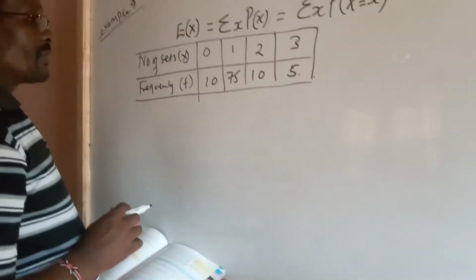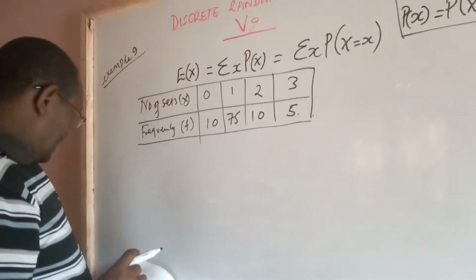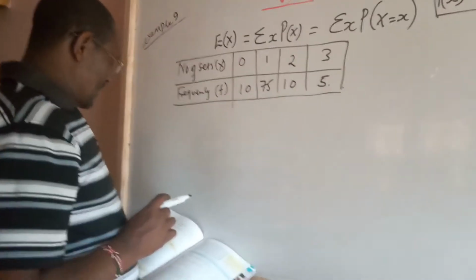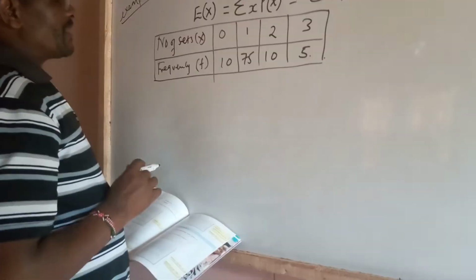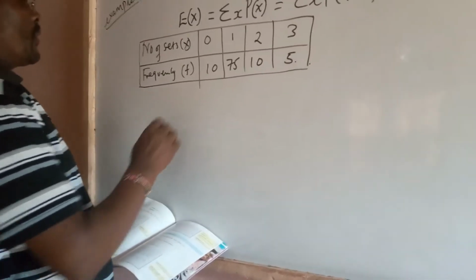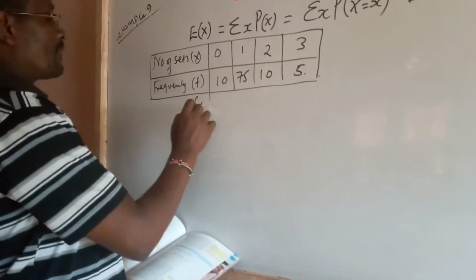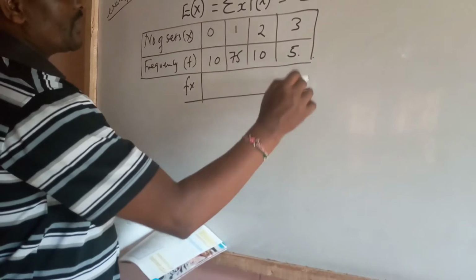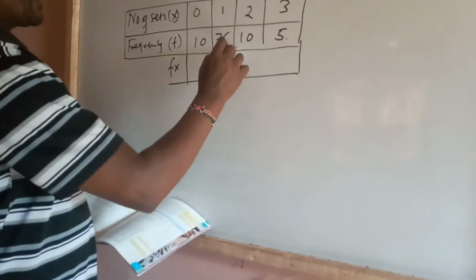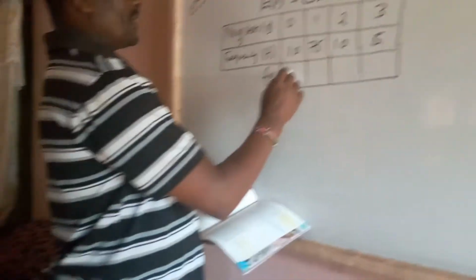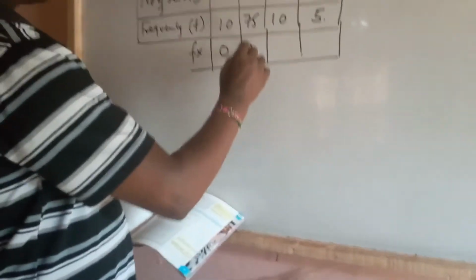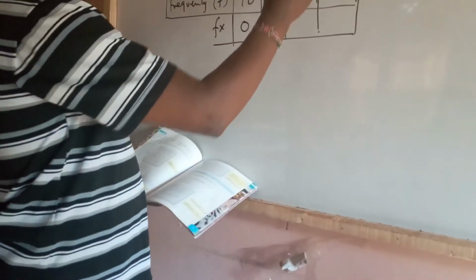First of all, we need to find the mean of this set of data. If you want to find the mean, the general way we know how, we have to have the column of fx. The column of fx: we have 0, 75 times 1 is 75, 10 times 2 we have 20, and 5 times 3 we have 15.